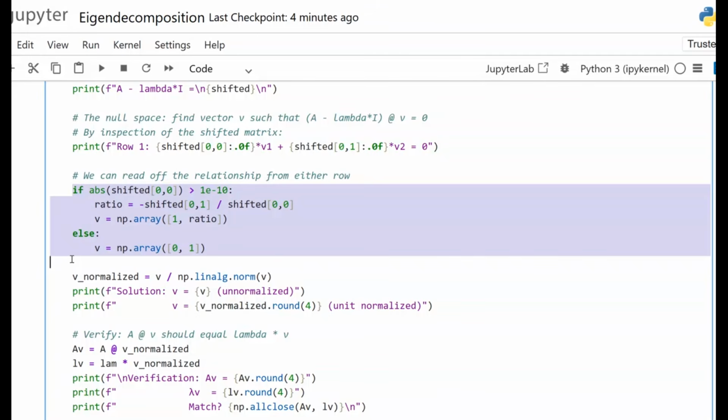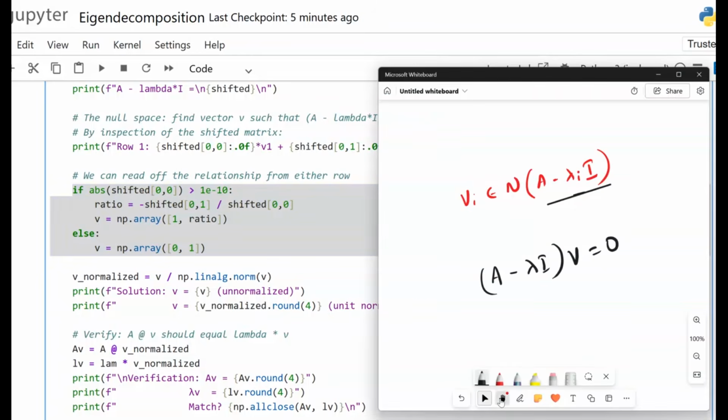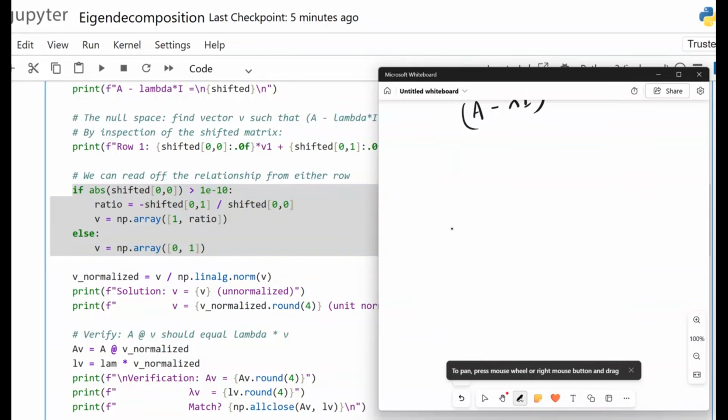It implements a manual null space solution using the first row equation: a multiplied by v sub 1 plus b multiplied by v sub 2 equals 0, which implies v2 equals minus a divided by b multiplied by v sub 1. If we set v sub 1 equal to 1, we obtain a concrete vector. And it handles edge cases where division would be unstable.